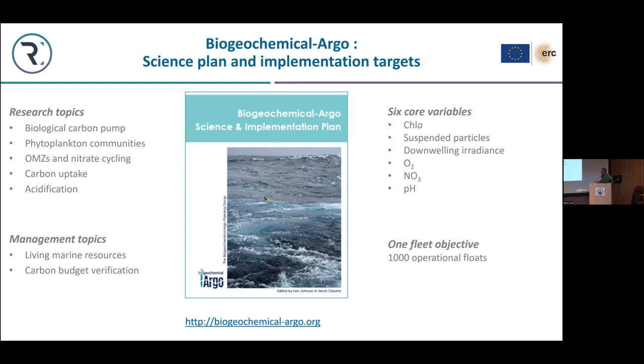At that time, we called these management topics, and the link with living marine resources and the carbon budget verification. There are 6 core variables for the BGC Argo program: chlorophyll A, suspended particles, downwelling irradiance, oxygen, nitrate and pH. And the objective of a sustained array is 1,000 floats as soon as possible, I would say.